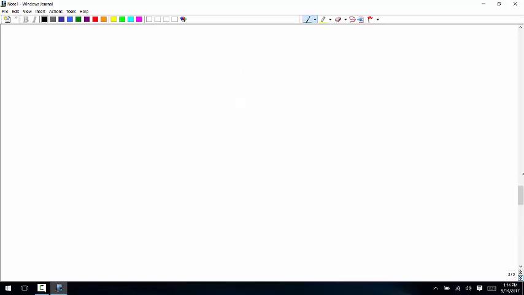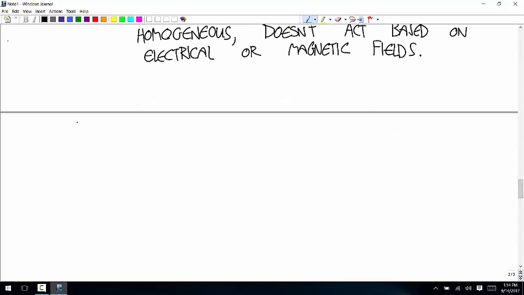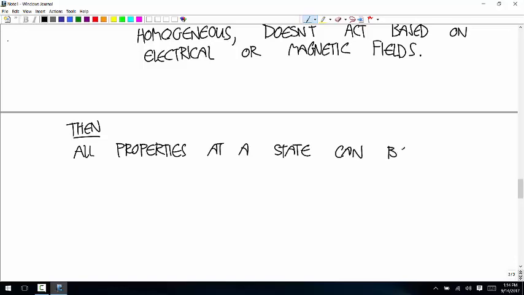And the thing about simple compressible substances is that if you're dealing with one, all properties at a state can be specified by just two other properties.